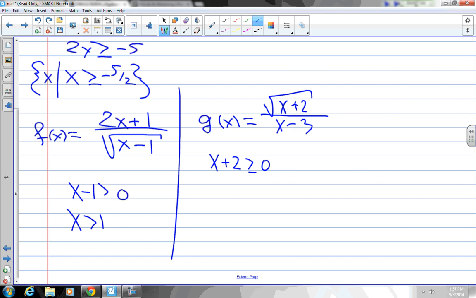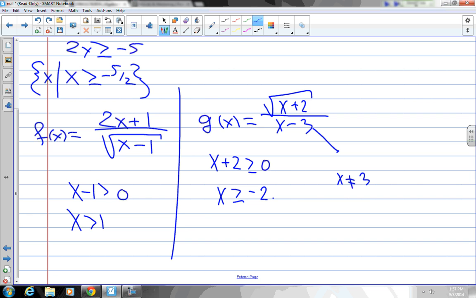So that's what makes the numerator happy. So x is greater than or equal to -2. Right, from the denominator, we know that x cannot equal 3. Agree with that? Well, now I have to combine both things.